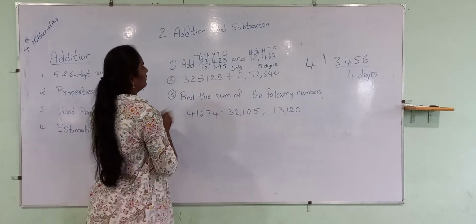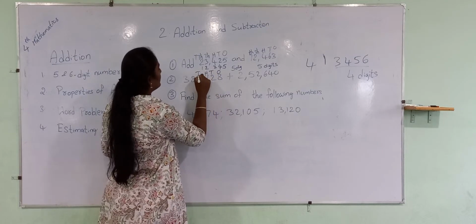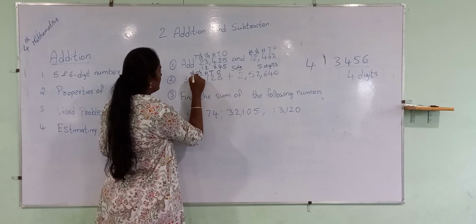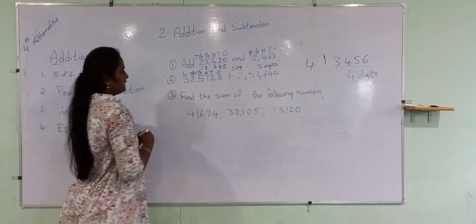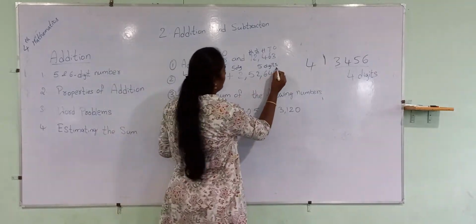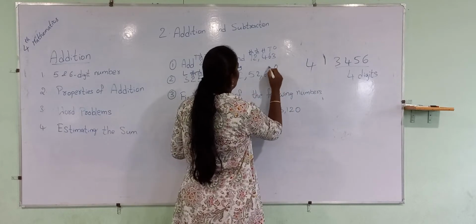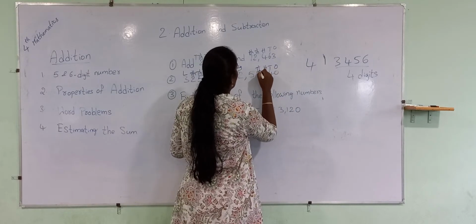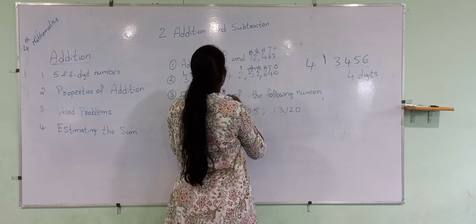First write the places. Ones, tens, hundreds, thousands, 10,000s, and this one is lakhs. Here 6 digits are there. Now here ones, tens, hundreds, thousands, 10,000s and lakhs.